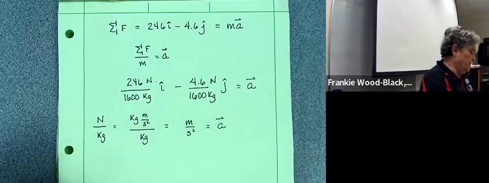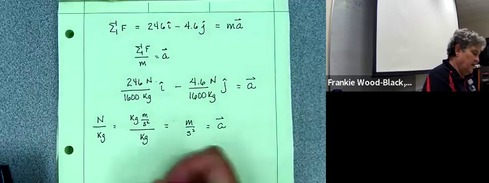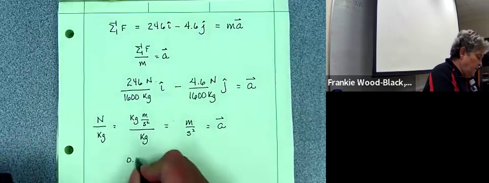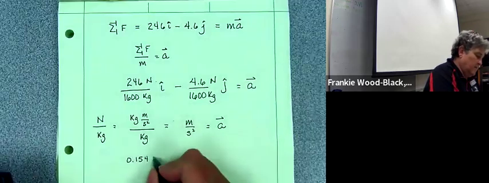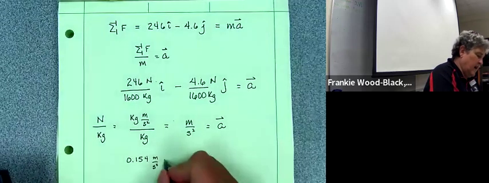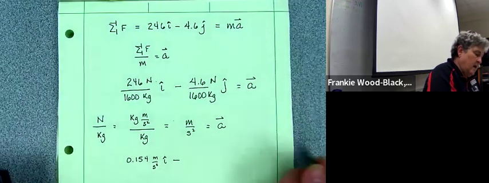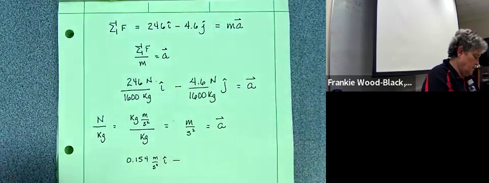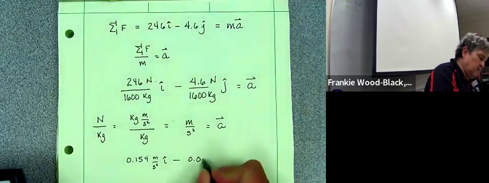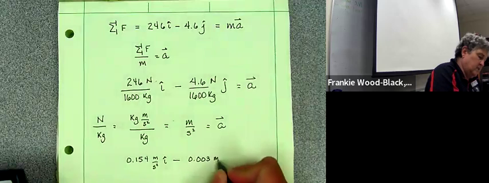So now I take my 246, divide by 1,600. And that gives me 0.154 meters per second squared in the I direction minus 0.003 meters per second squared in the J direction.